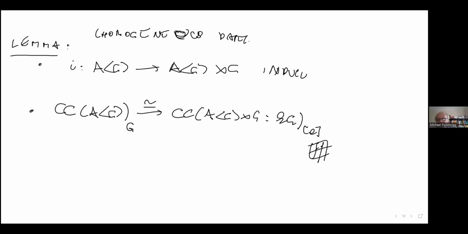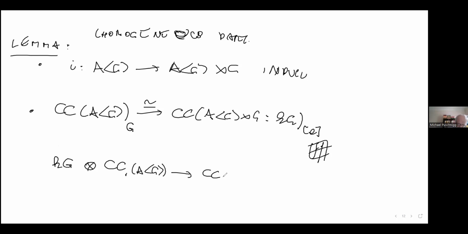So we'll deal with all conjugacy classes simultaneously. So you get a linear map starting from the group ring KG tensor CC of A, G to CC.